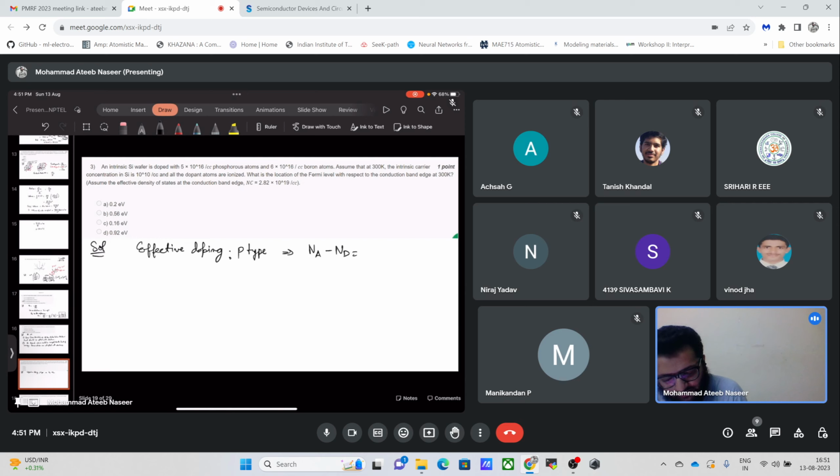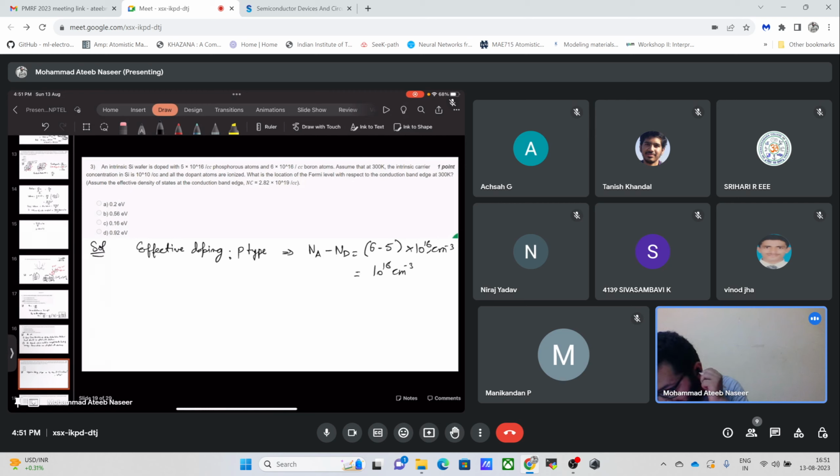It would simply mean (6 minus 5) into 10 to the power 16 per cubic centimeter. Okay, it would simply mean this p-type concentration due to the overall acceptor and donor atoms is of the order of 10 to the power 16.